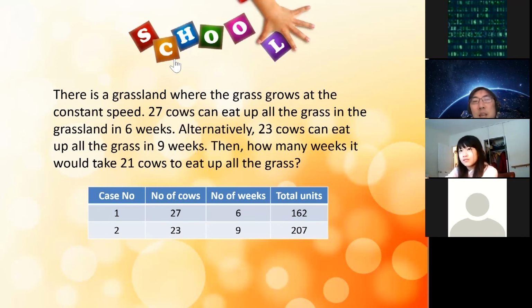Do you understand what unit means? You can define it any way you like. You can define the unit as the amount of grass like 10 cows eat in 10 days, or 10 cows eat in 100 days. However, it has to make sense, right? If you define it like 10 cows eat in 1,000 days, you can, but it doesn't make sense.